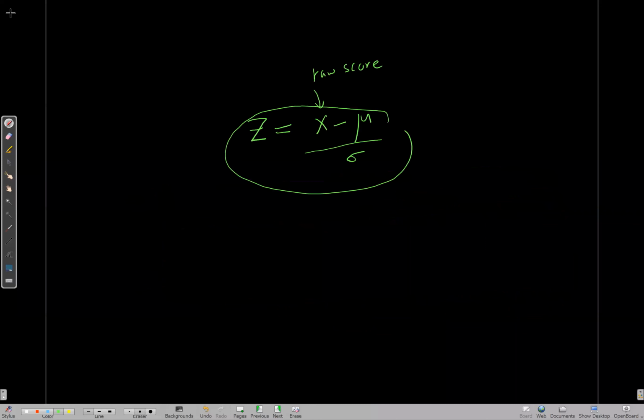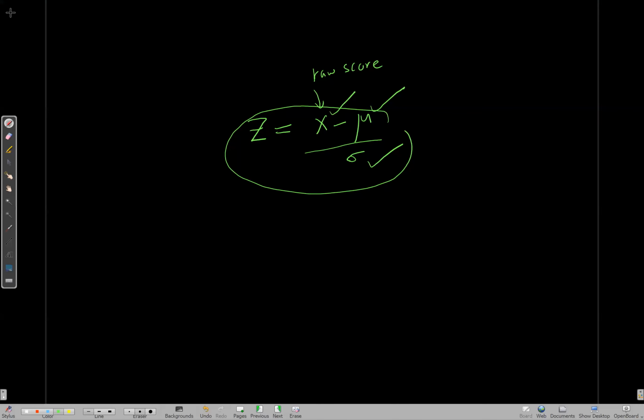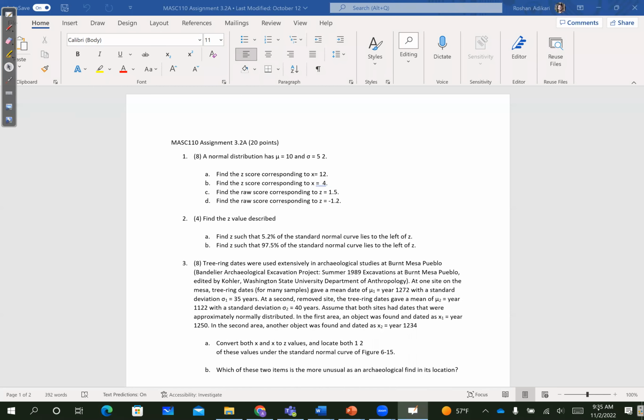That means you know this, you know this, you know this. Figure that out. In part C and D, you have to find the raw score. So again, the same formula. Now you know this, know this, know this, but you have to find that, part C and D. That's pretty easy algebra. Now, question number 2.